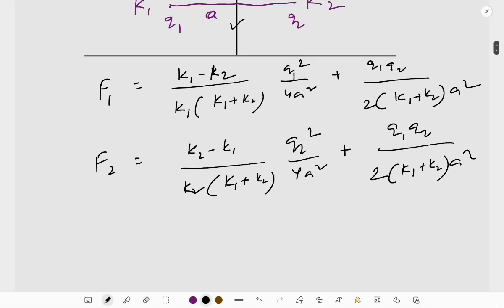Considering both, the force of interaction between two point charges and the force on the bound charges on the separation boundary, with the aid of the Maxwell stress tensor, this method is applied. The method name is Maxwell stress tensor.